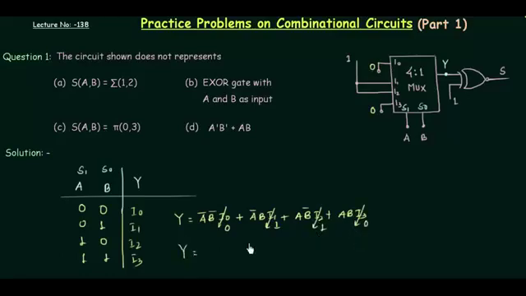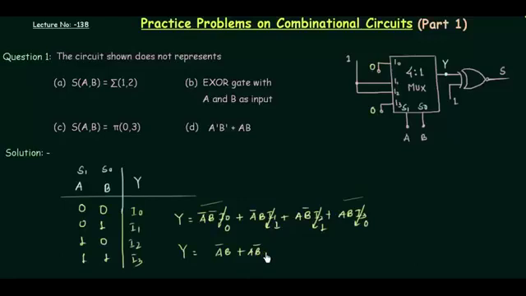So Y is equal to A complement B or A B complement. As it is 0 and the AND operation with 0 gives us 0, that's why I have neglected the first and the last minterm. Similarly, the AND operation with 1 gives us the same entity, therefore I am having A complement B or A B complement.